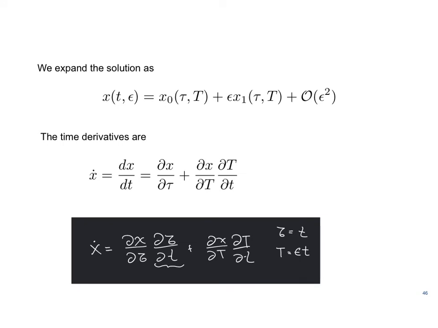This comes from here, so this is just 1, and this one here is what? Yeah, it's epsilon. And this is how the first order derivative is defined.